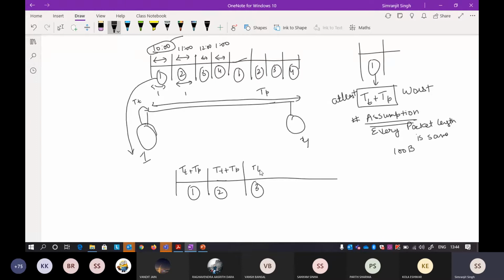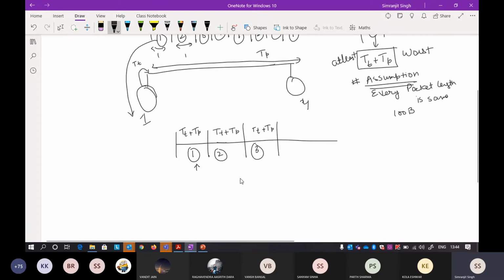It is logical that this is the time taken by any station to put the packet onto the link and for that packet to reach the destination safely. It makes sense. This much time is needed for a particular station. During this time, no other station should be able to transmit or access the link. That is what I need.